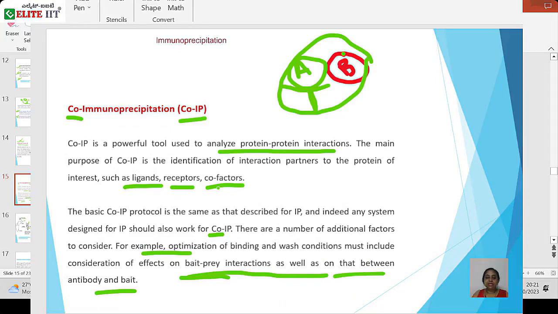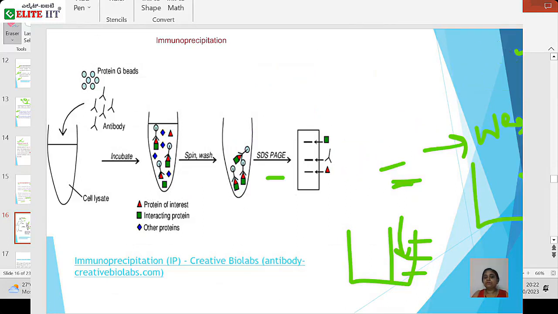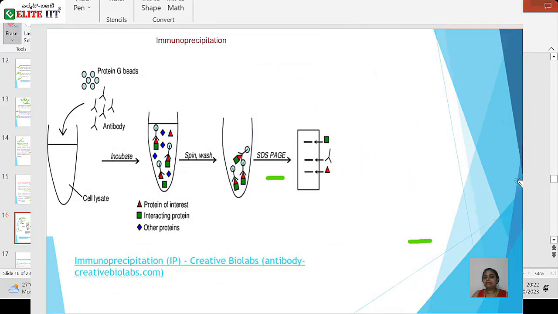What is the difference between co-immunoprecipitation and normal immunoprecipitation? In this case we are checking protein-protein interaction.